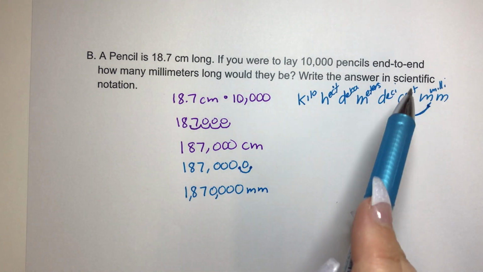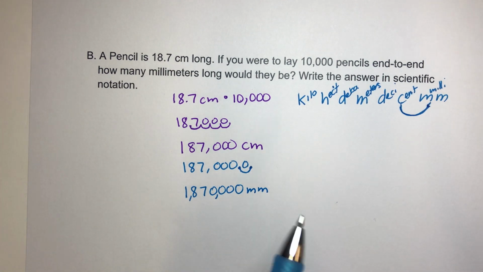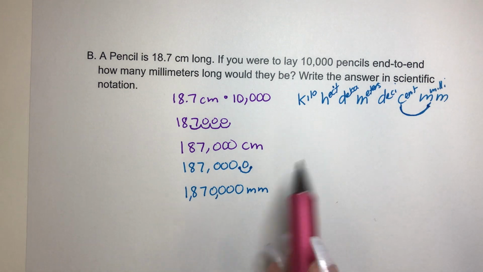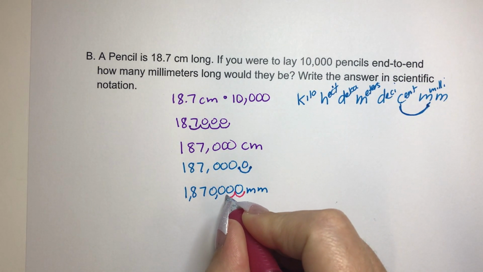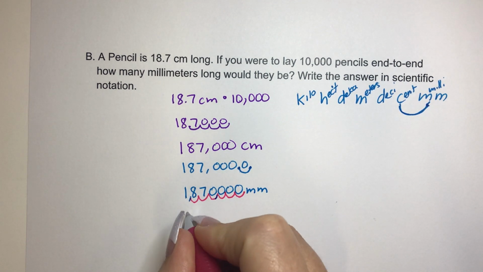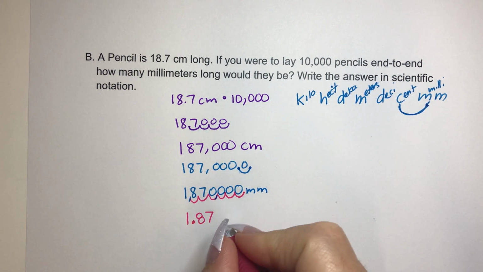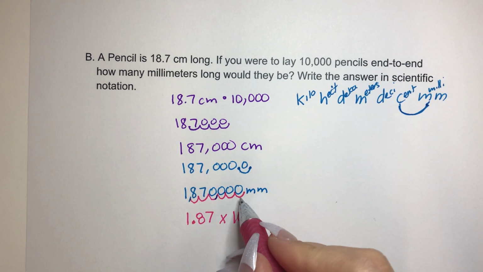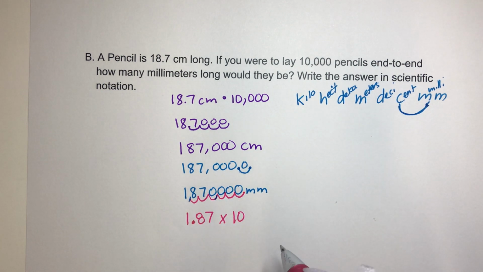Millimeters. And then this number we need to write in scientific notation. We need that number to be between 1 and 10. This is really big, so we're going to be using a positive exponent. 1, 2, 3, 4, 5, 6. So 1.87, that's a number between 1 and 10, times 10 to the 6th power.